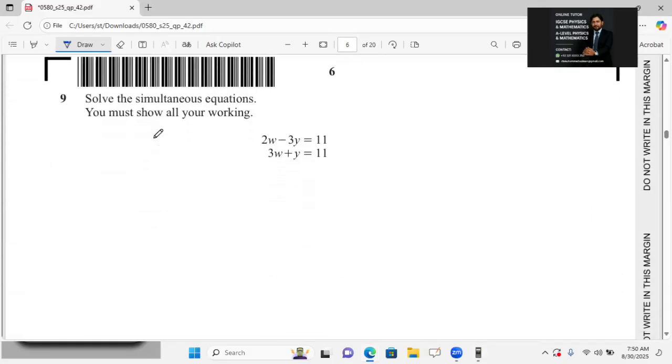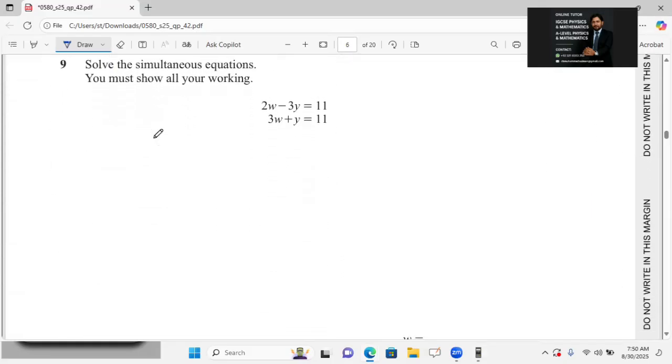Okay, now he is saying solve the simultaneous equation. You must show all the working. Here, to equate these variables is easy because this 3y is going to help. So I'm multiplying equation number 2 with 3.